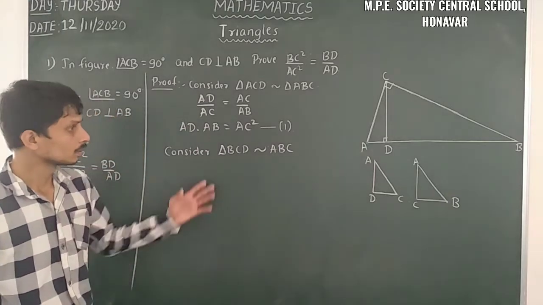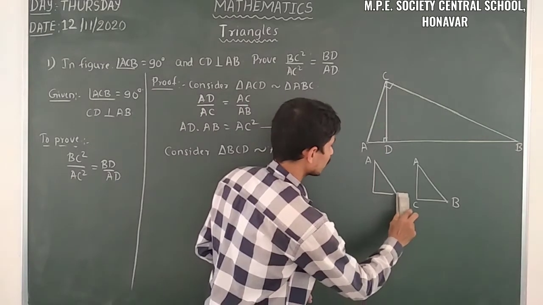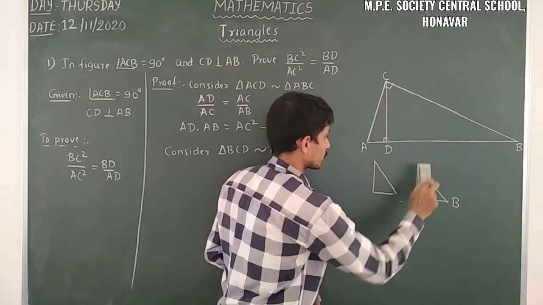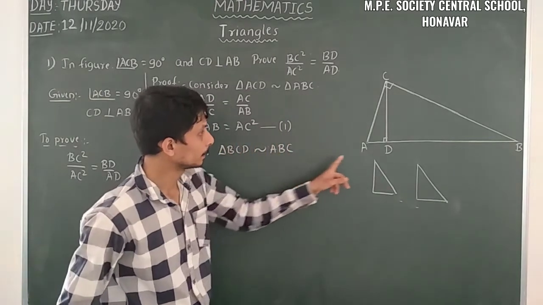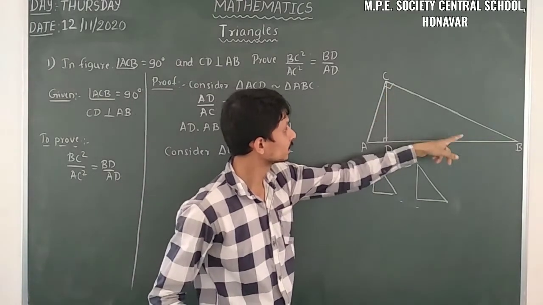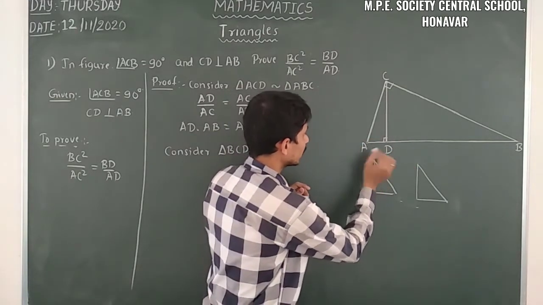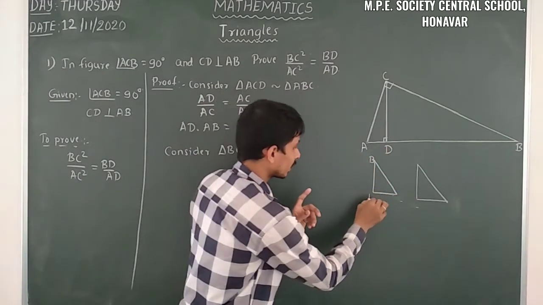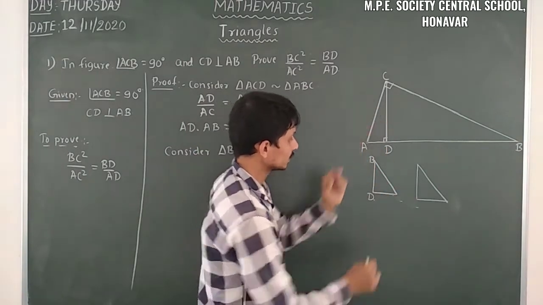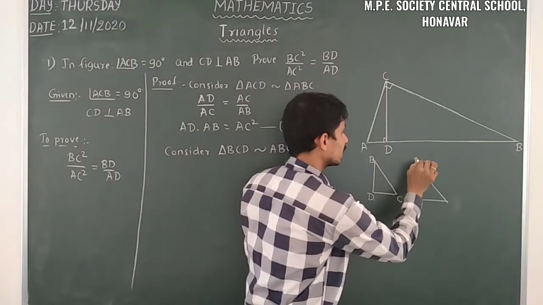Here we have to write the same. We have the first triangle BCD. So here I will take B, and at D we have a right angle, D here and C here. Then B is common for both, so that's why I will write B here.